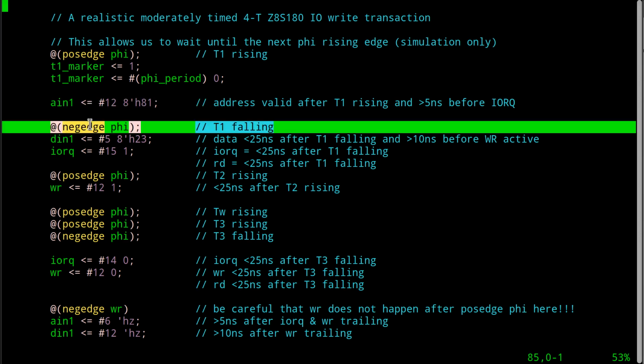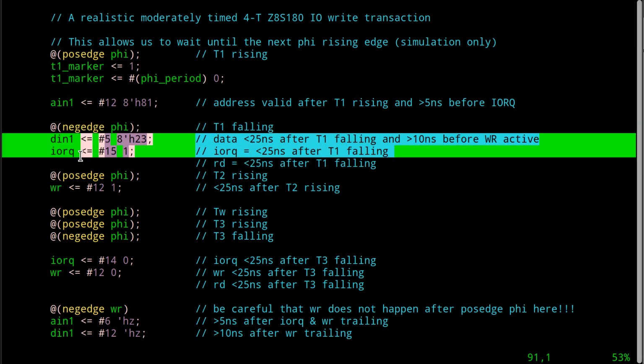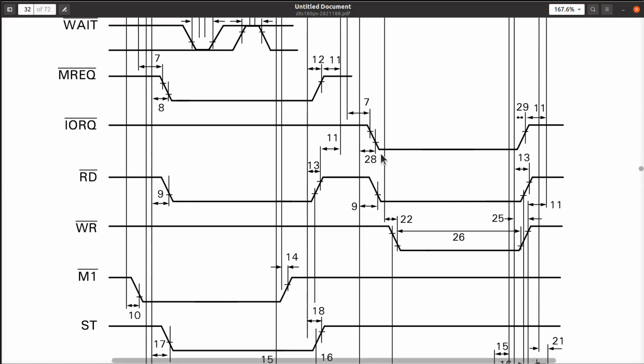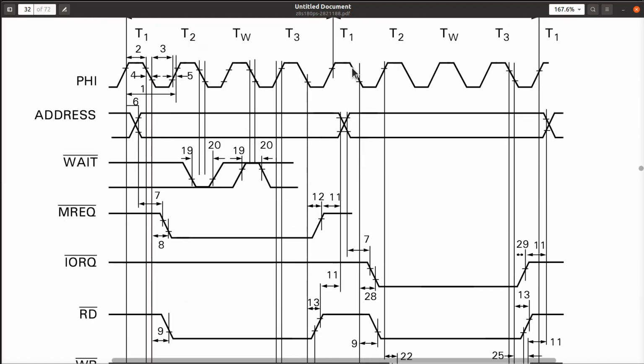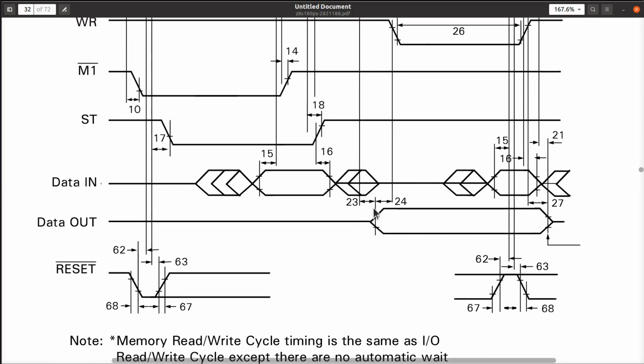Then on the negative edge of phi, the T1 falling, that's the edge where we see the data bus, the IO rec relative to that, right? So down here, what do we see? Here's IO rec. Worst case is 25 nano after the fall of T1. And this line goes down here and says number 23.